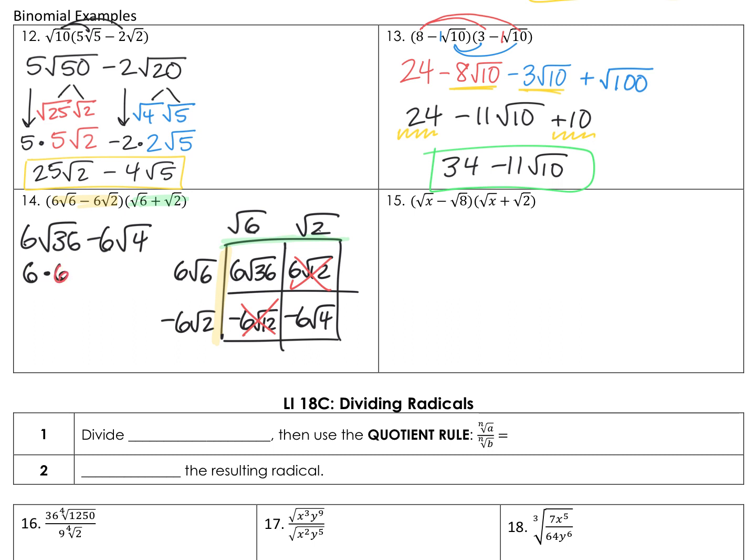I'll put it in red. This one we know is 2, so the square root of 4 is 2. So you're actually doing 36 minus 12, which is 24. And that's it. So this one goes down to a single number, which is why you need to make sure that if it can simplify or evaluate, you need to do that.